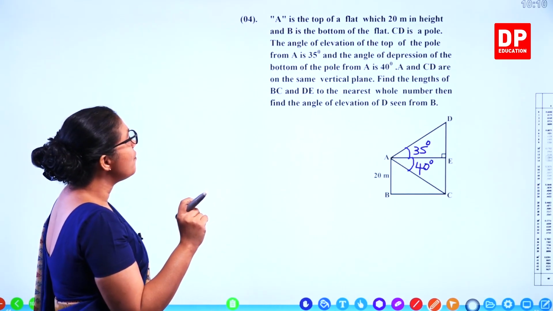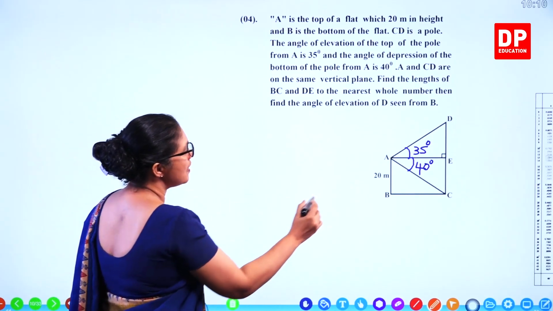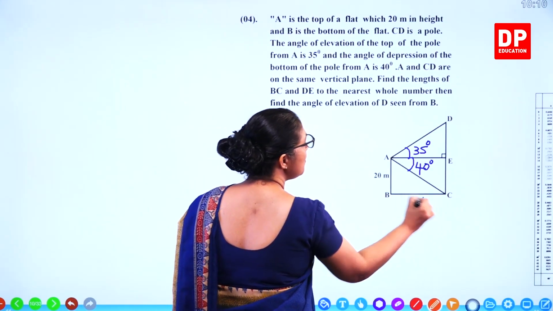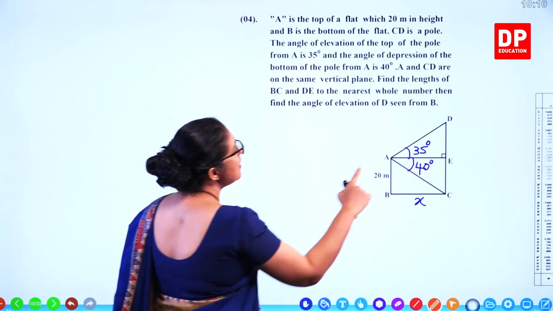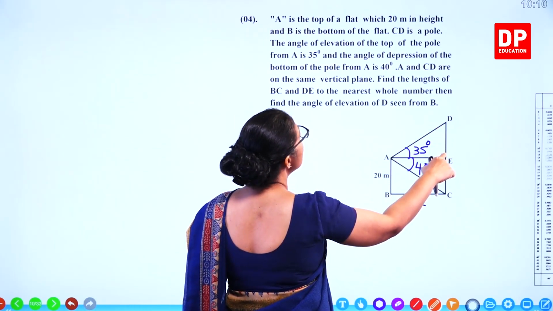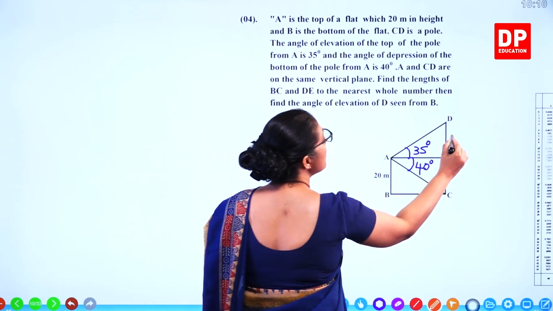Find the length of BC, this length, we'll put X there. And DE, this height, to the nearest whole number. I'll put Y there.